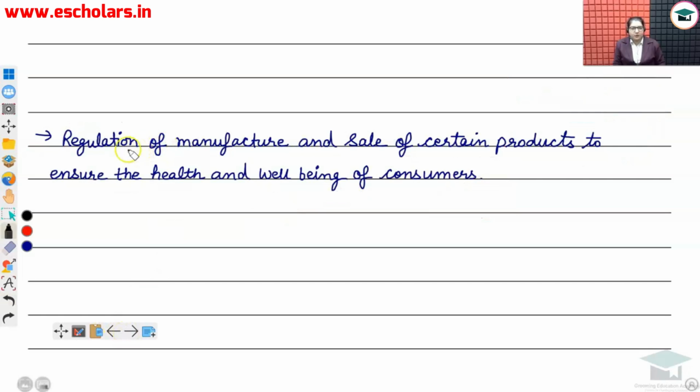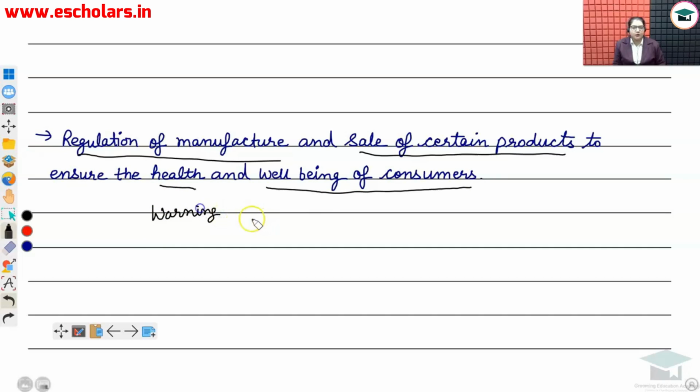So let's recall it: families below the poverty line are provided with monetary aid and aid in kind. Also, students, regulation of manufacture and sale of certain goods is done by the government in order to ensure the health and well-being of consumers. For example, there is a rule that warning labels must be there on cigarettes, like smoking is injurious to health.